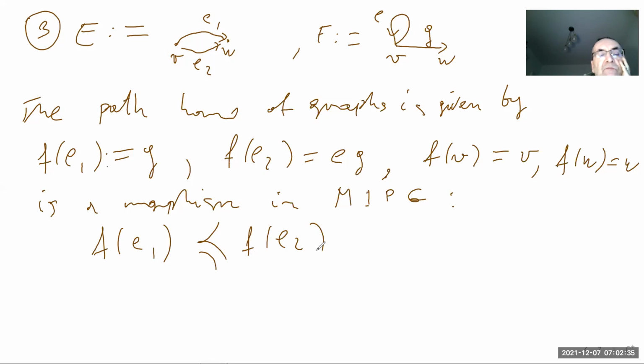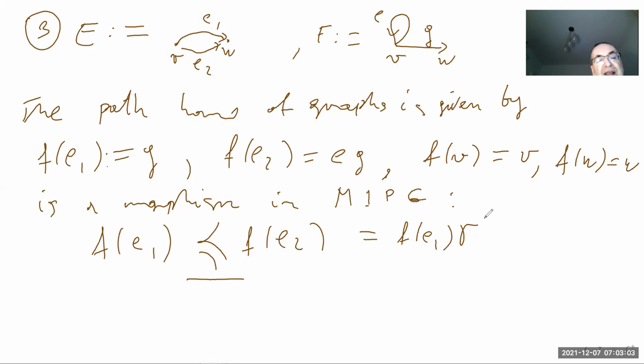No, wait. So here, yes, okay. No, the example is correct. You see, I already told you that it's very important what this inequality means. It means that f of E1 is a subpath of f of E2 in the following sense, that f of E2 is equal to f of E1 times some gamma, okay?